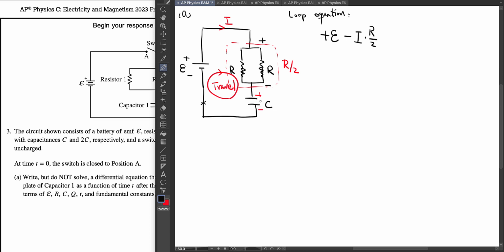Remember, the upper plate is positively charged and the lower plate is negatively charged. So if I go this way, from the upper plate to the lower plate, the potential decreases.